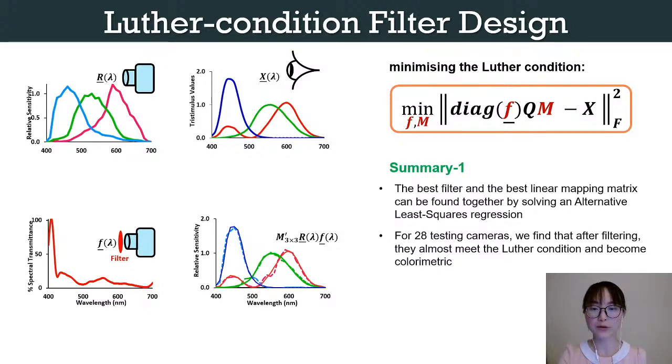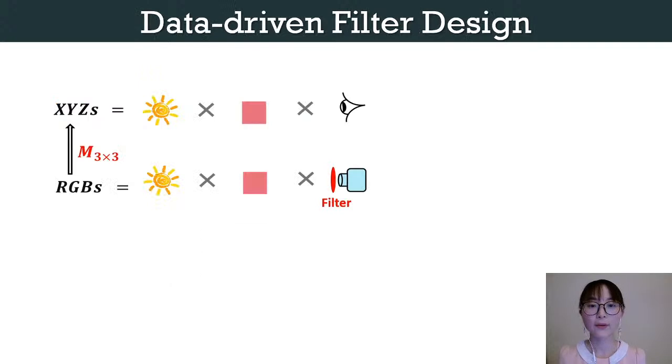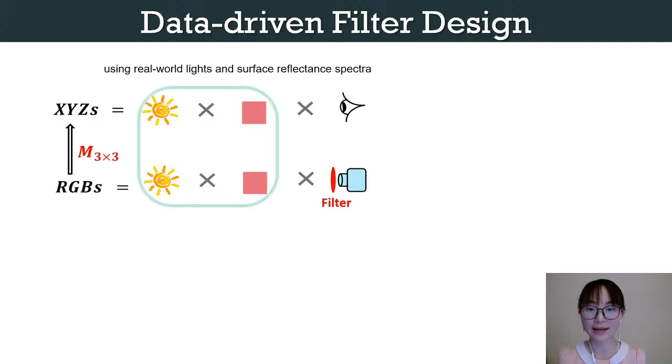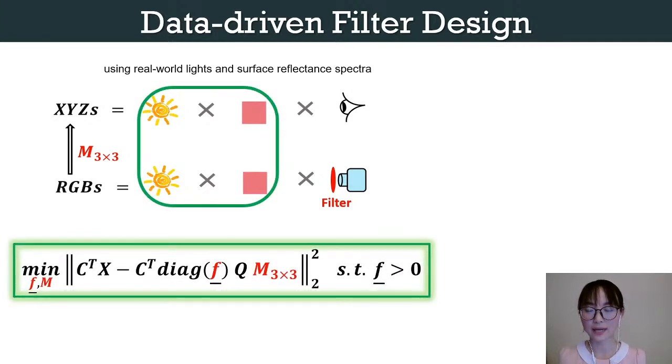We tested across 28 off-the-shelf cameras, and we find that after filtering, they almost meet the Luther condition and become colorimetric. We then extend our filter design method in a data-driven manner. This method builds upon the system outputs by considering the color formation process. We reformulate the optimization using real-world light and surface reflectance data, and the new formulation is like this.